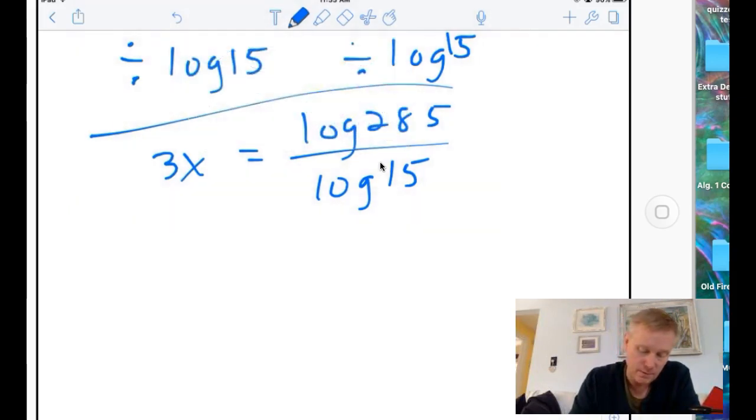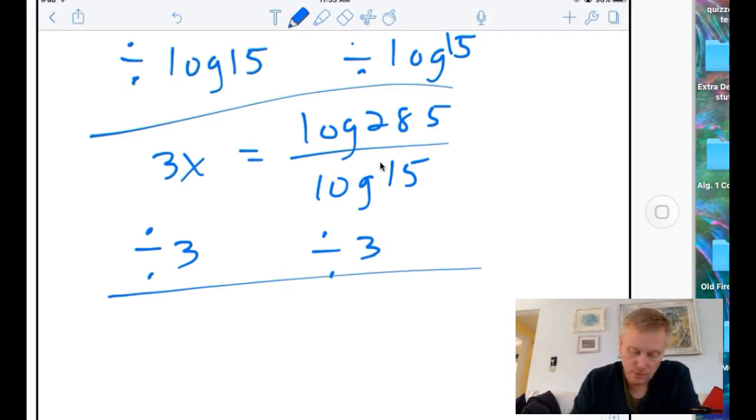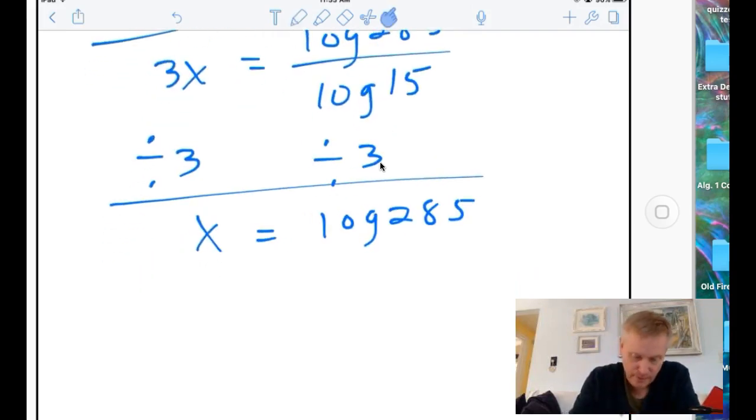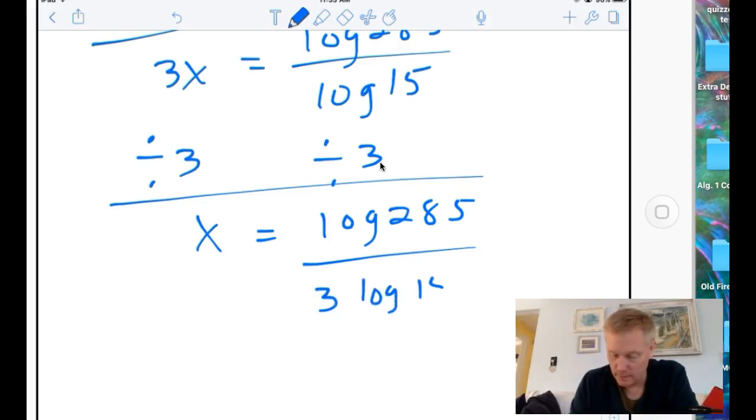My last step here is divide by 3. So I want to get x alone, so I got x equals. If you take a fraction and divide it by a number, I can just move that 3 into the denominator, the log of 15 there.